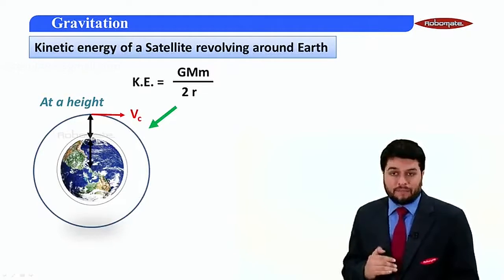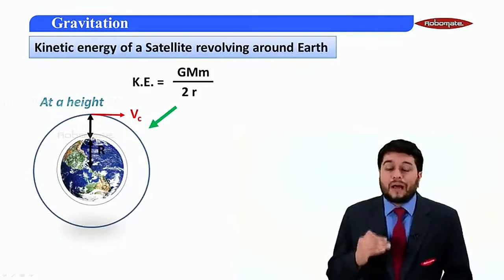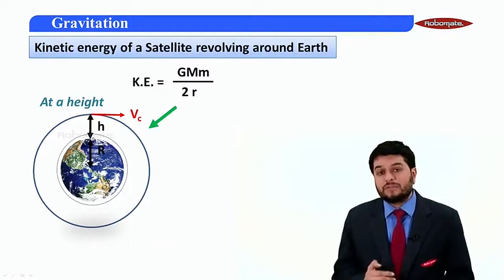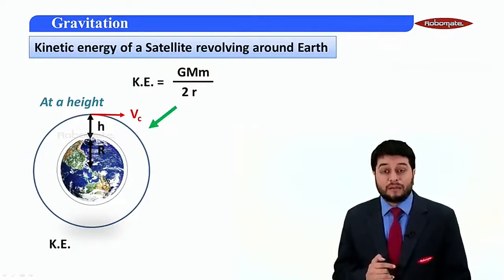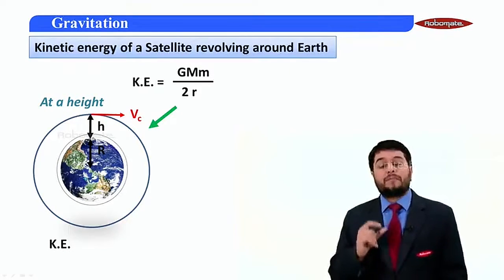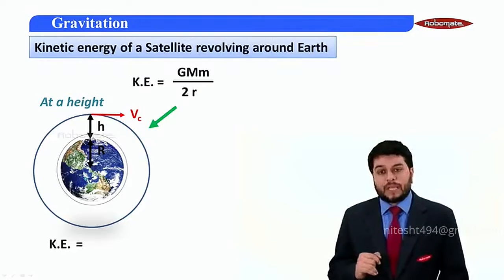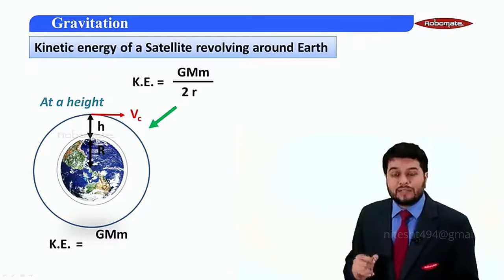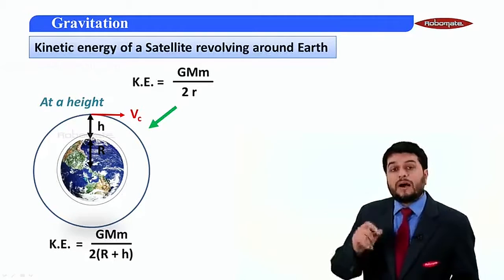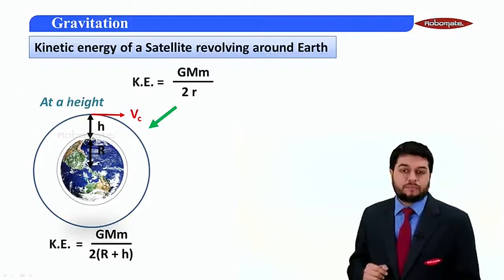If it is at a height, let's say the height measured from the surface of the earth is h and the radius of the earth is capital R, then the entire radius of the orbit will become capital R plus h, and the kinetic energy will be given as GMm upon 2 times R plus h.